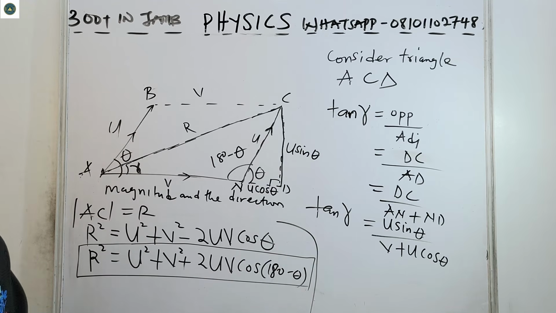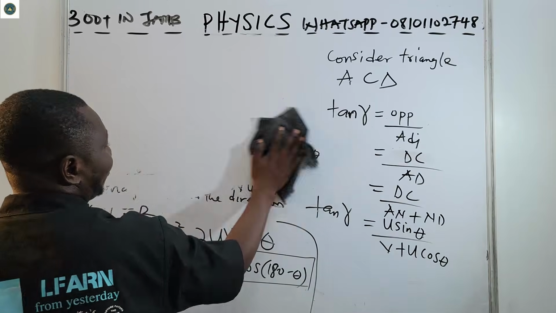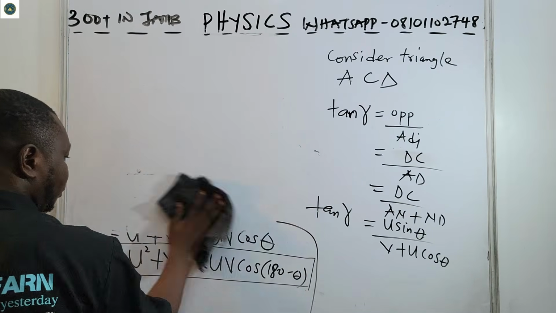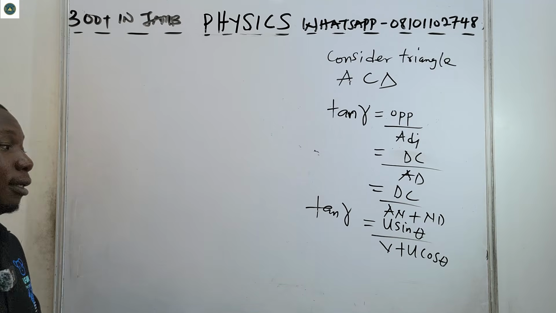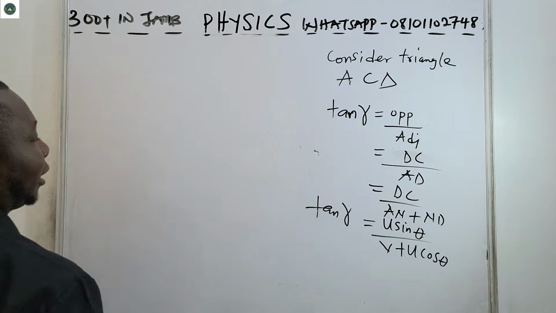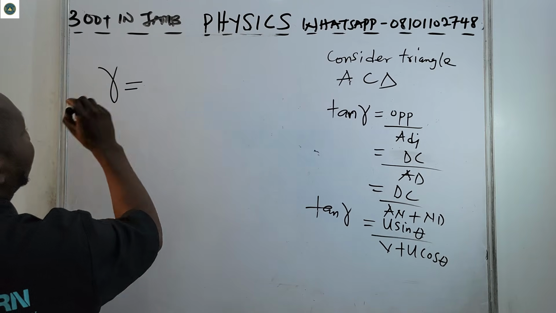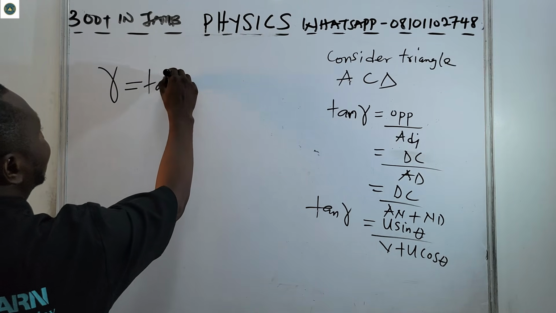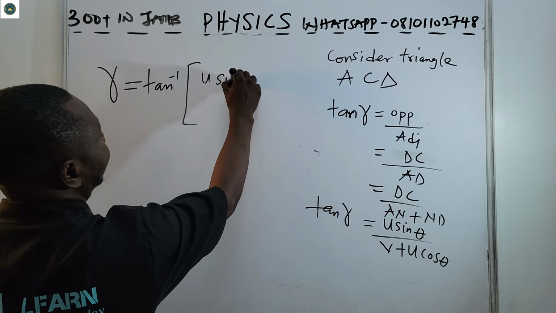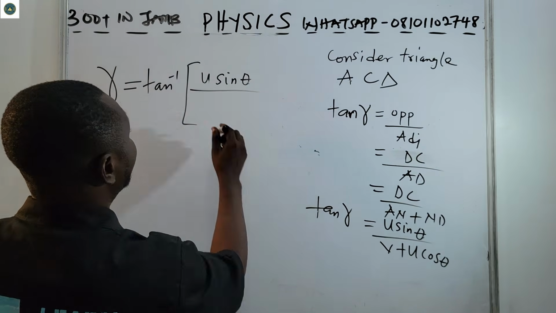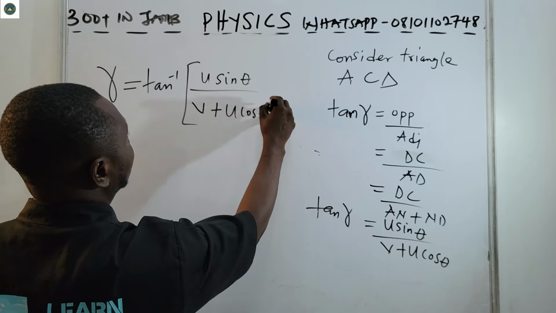Now, how do we get gamma? We take the tan inverse. So therefore, gamma is the tan inverse of U sine theta over V plus U cos theta.